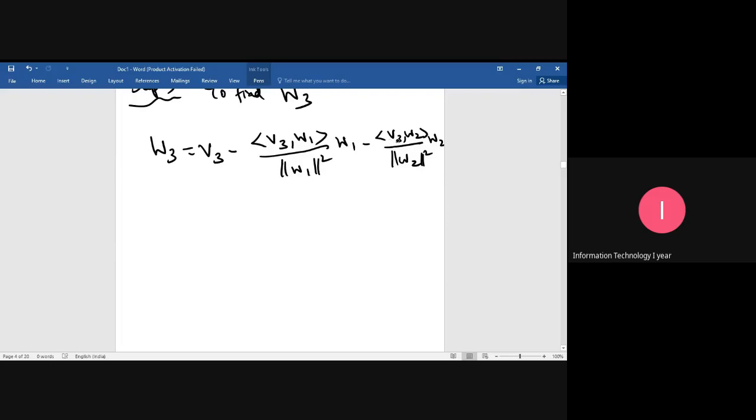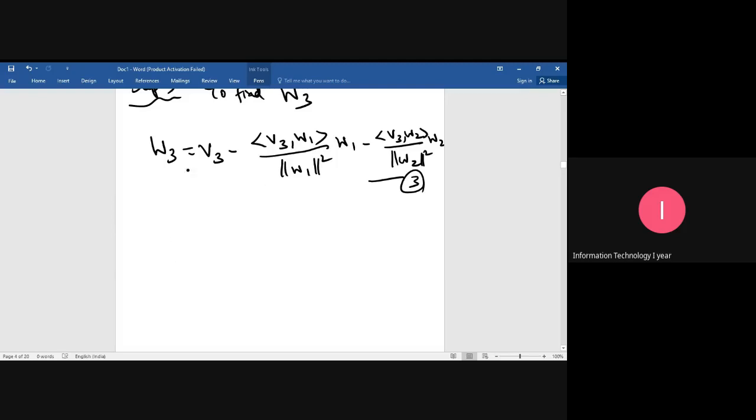And in the second term of the formula, find inner product of V3, W2, then find norm W2 square. So once we have all these values, we can substitute them here and get the answer for W3. Then we can write the final answer: W1, W2 and W3 are the orthonormal basis, okay.